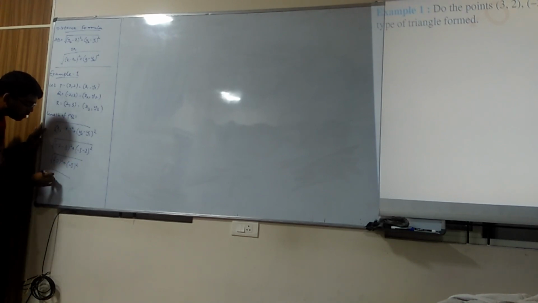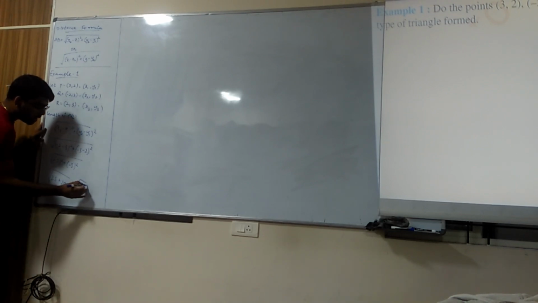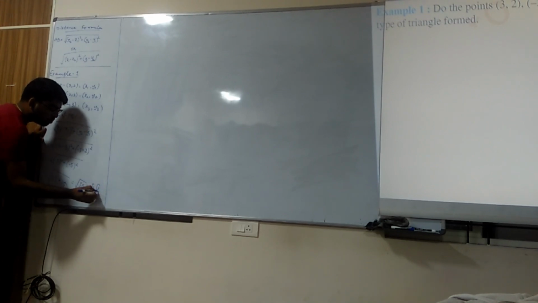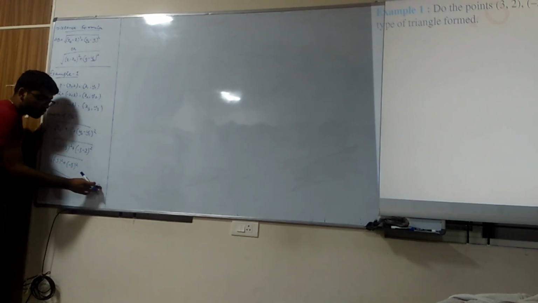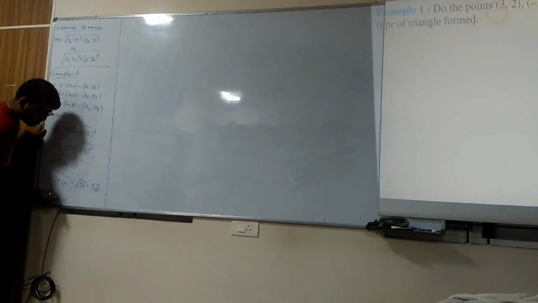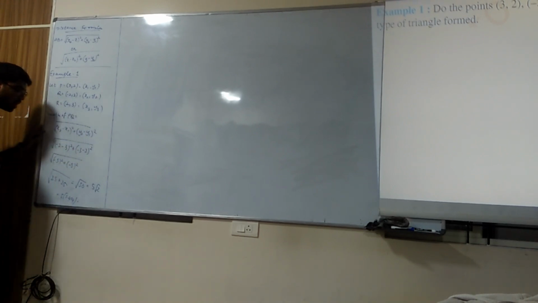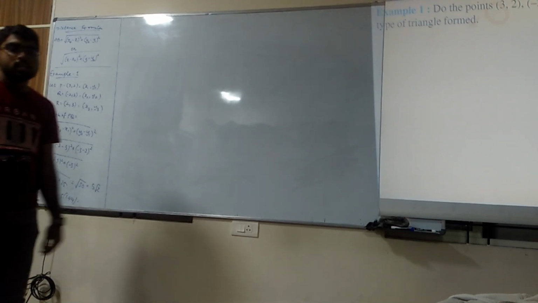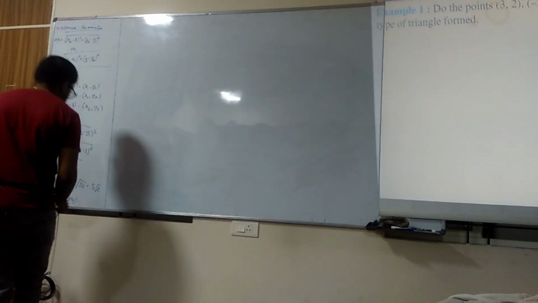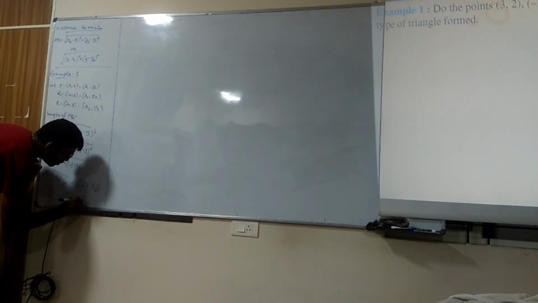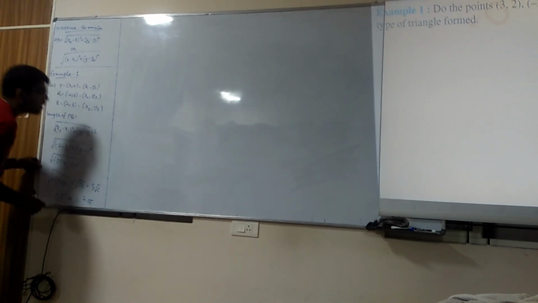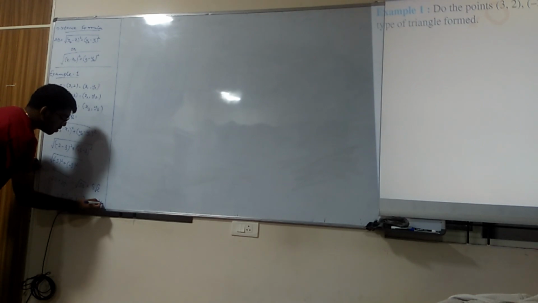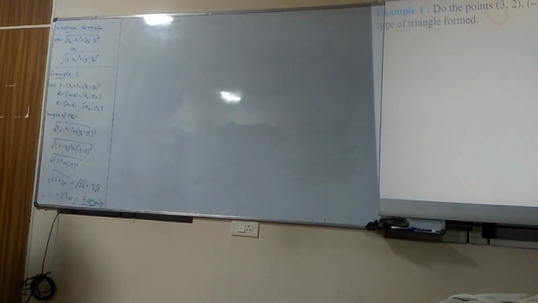So it will be root 50, which is nothing but 5 root 2. What is the root 2 value? 1.414. When you multiply, the value is 7.05 units. This is the length of PQ.